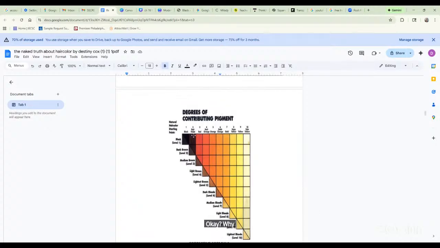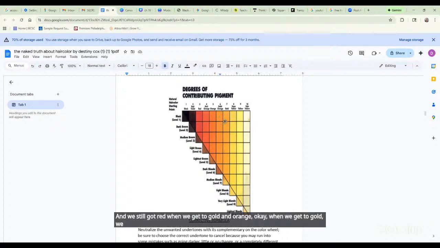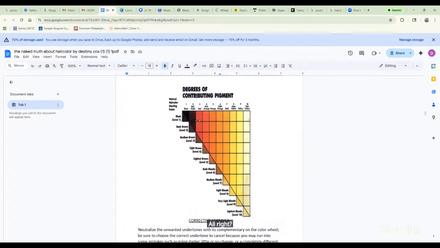Because you have red in almost 6 colors. Red being a primary color, you got to have red and yellow to make orange. And we still got red when we get to gold and orange. When we get to gold, we still got red. So red is the strongest color.